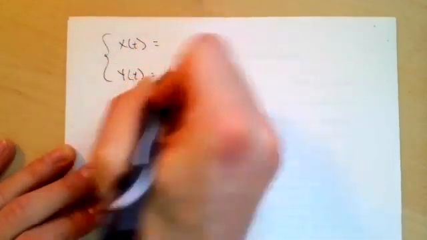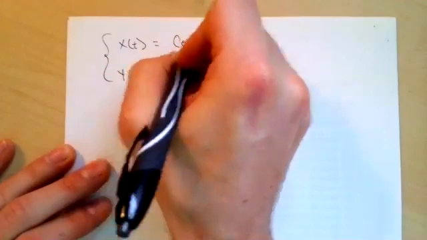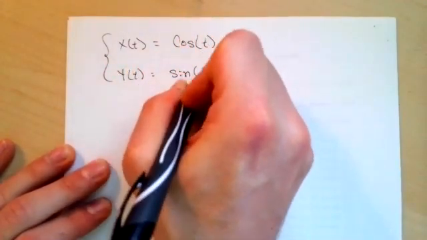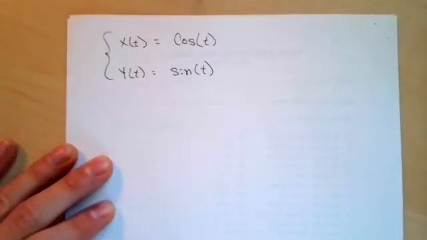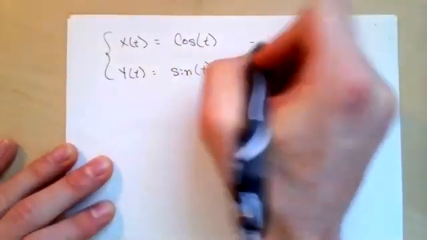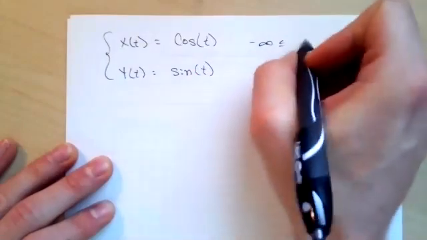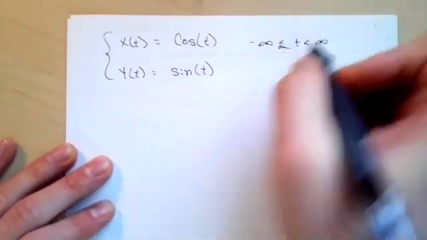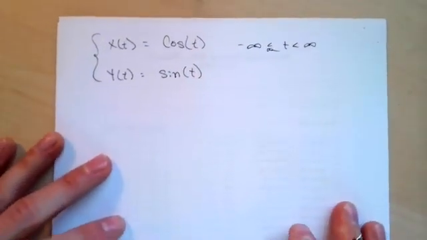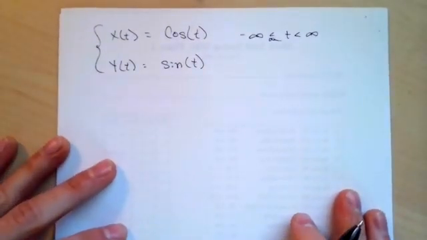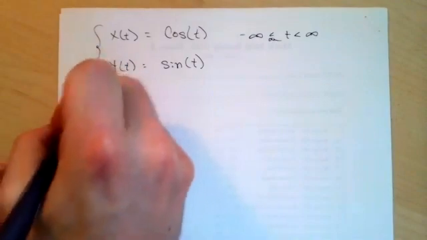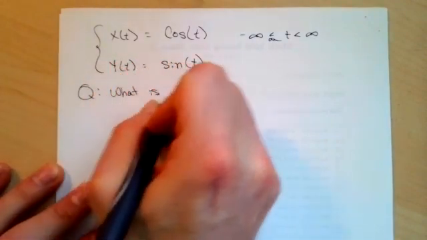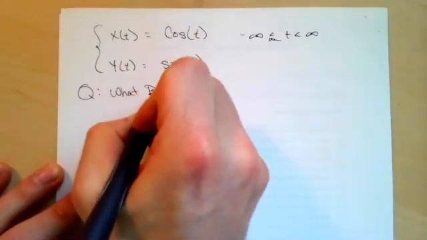And let's say x of t is cosine t, and y of t is sine t. And now let's actually not bound our t's. Let's just say t is between minus infinity and infinity, not equal to infinity. Of course, we can't be equal. And so the question is, what does this curve look like?